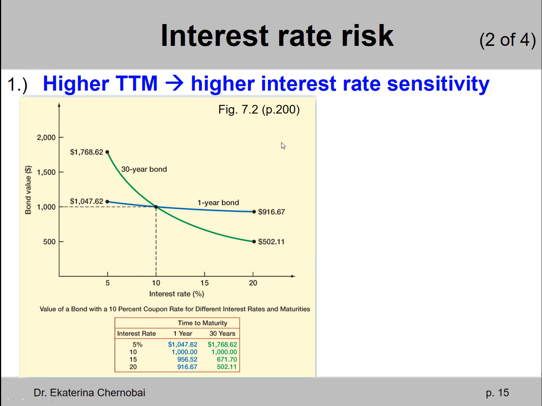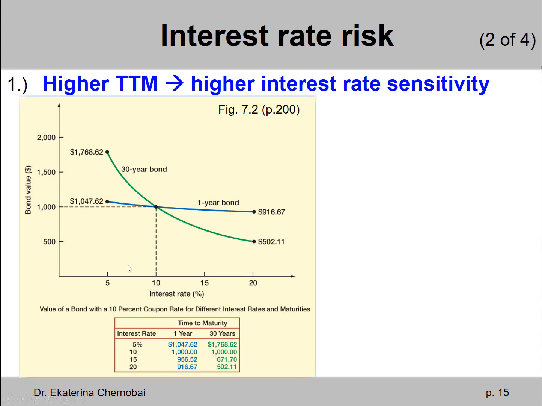Let's consider this figure. This is figure 7.2 in our textbook. On the horizontal axis, we have the interest rate. That's the yield to maturity, the IY in the financial calculator. On the vertical axis, we have bond value in dollars.